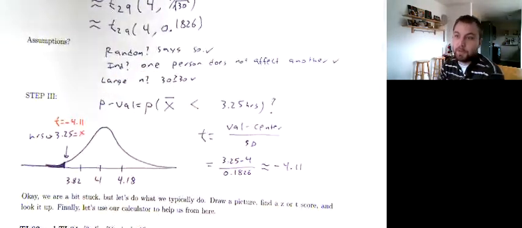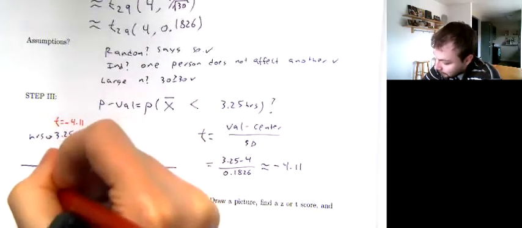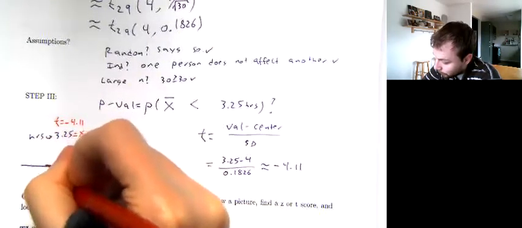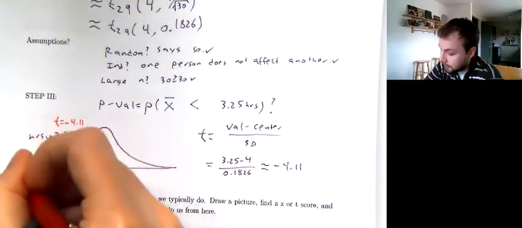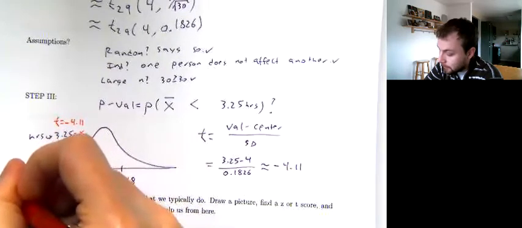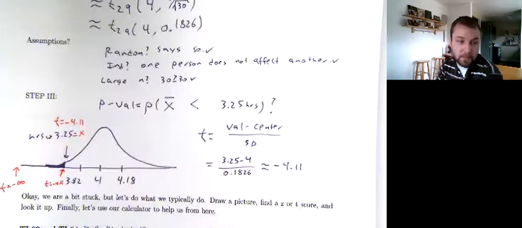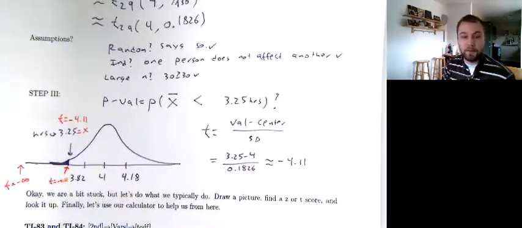It's the number of tick marks away from the center. So this right here is t of negative 4.11. And if I were to continue going in this direction, well, this would keep going on forever. I would shade towards negative infinity. So I've shaded between a t-score of negative infinity and negative 4.11.